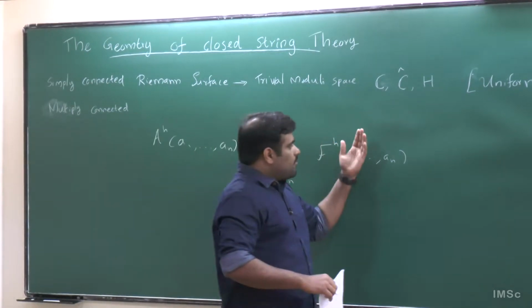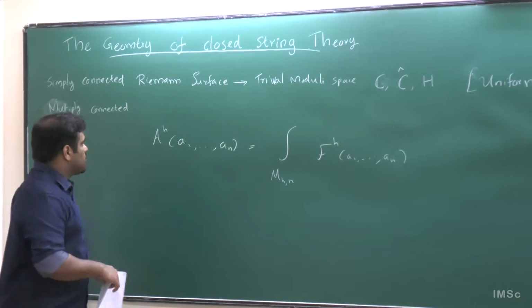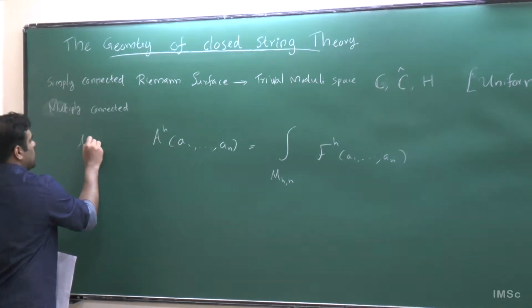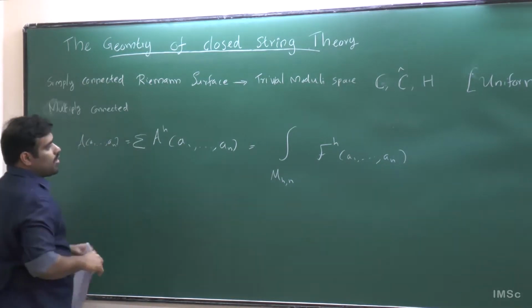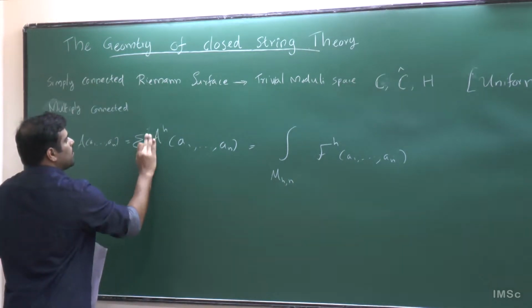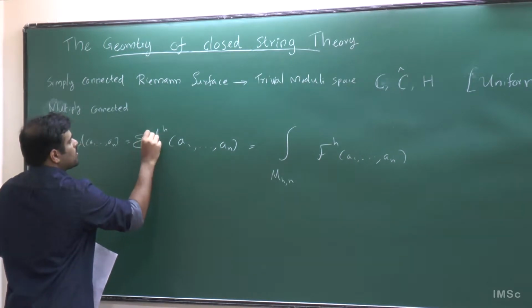So from there we realize that the full string amplitude is given by summing all loop contributions, weighted by the string coupling constant.